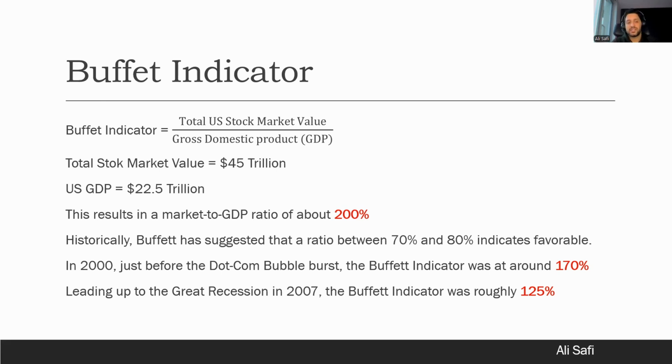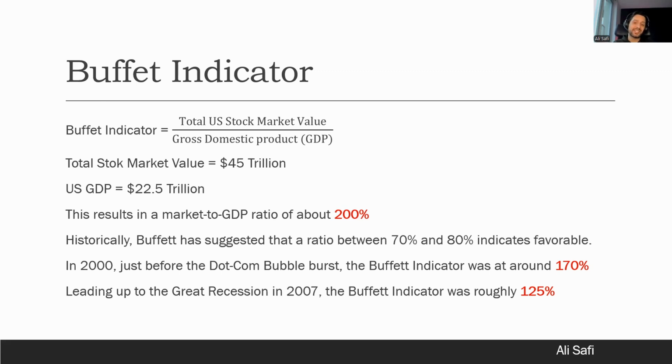So 2007, 2008, 2009 was one of them. COVID crashes hit. The Buffett indicator didn't get to 70% or 80%, but it was a good indicator for the market bottom, because the market just went down 35% for the S&P 500. For those cyclical or periodic areas, we can buy because the Buffett indicator is getting low.